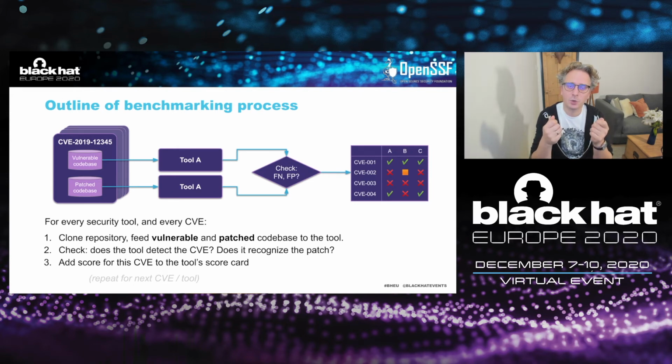And then we add the score for that CVE to the scorecard for the tool. And this all runs on your machine today. I'll give you a demo in a moment. And the CVE benchmarking tooling takes care of all of the plumbing, connects it all together. It clones the Git repository, runs the tools, it decides whether a tool recognized the CVE, and it generates a report.